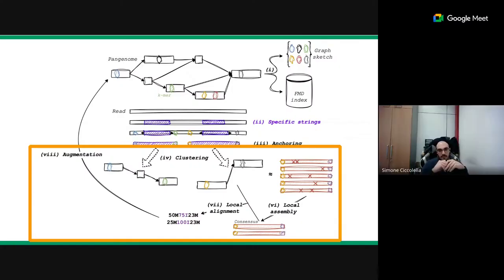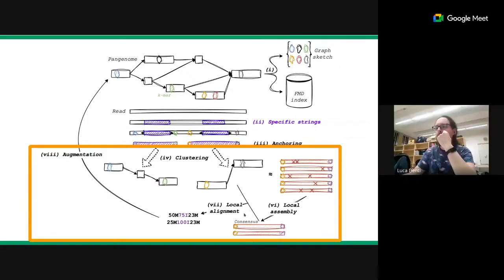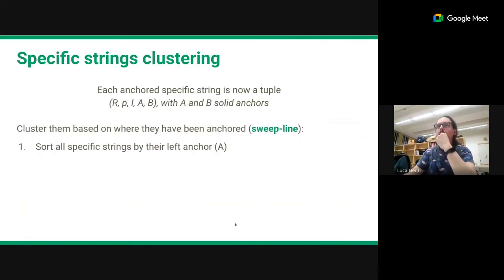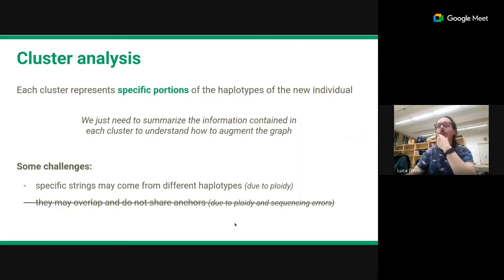So when you build this consensus, is it possible that some of the reads do not agree? Yes, it's possible. And for that reason, we have all these steps. One of the problems is this one: they may not agree even for the anchors.